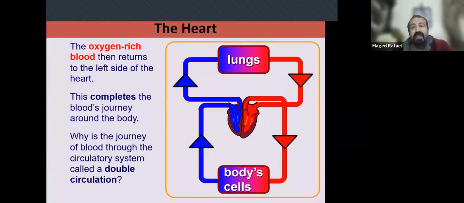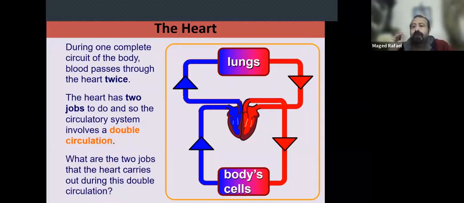Now we have oxygen-poor blood on the right side and oxygen-rich blood on the left side of the body. And this is the journey of blood through the circulatory system. That's why we named it double circulation. So during one complete circuit of the body, blood passes through the heart twice.